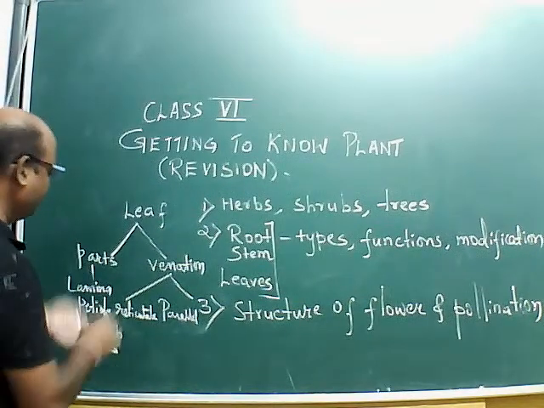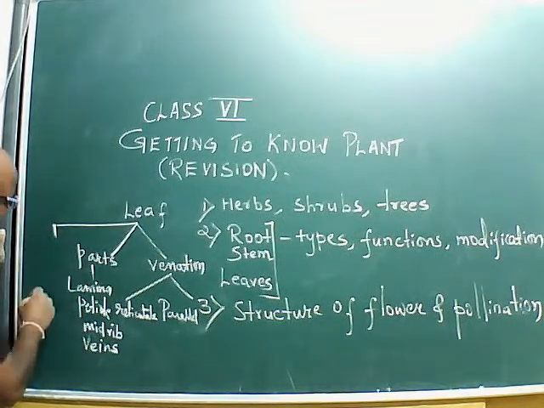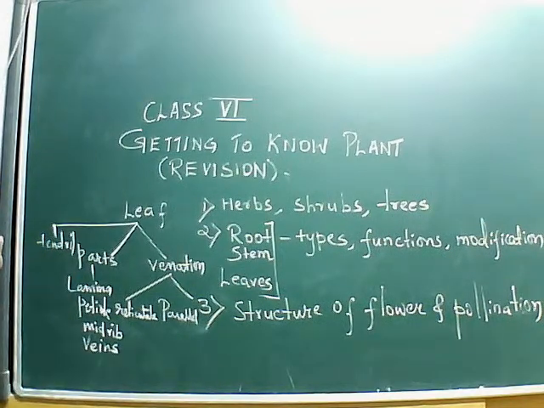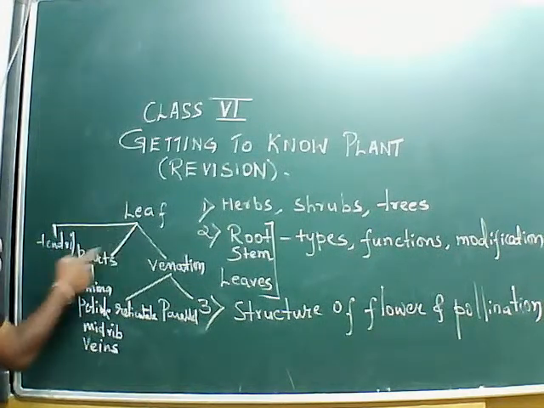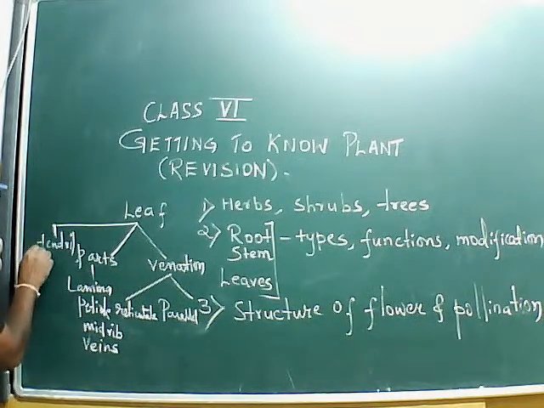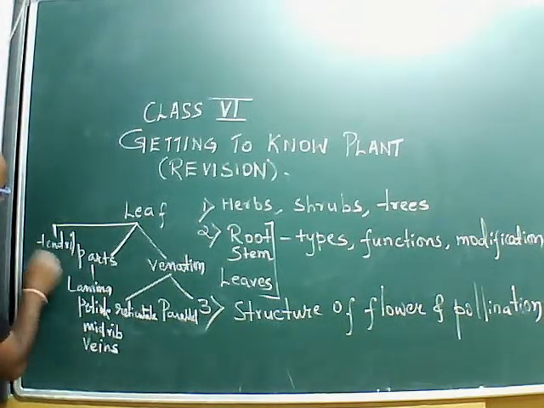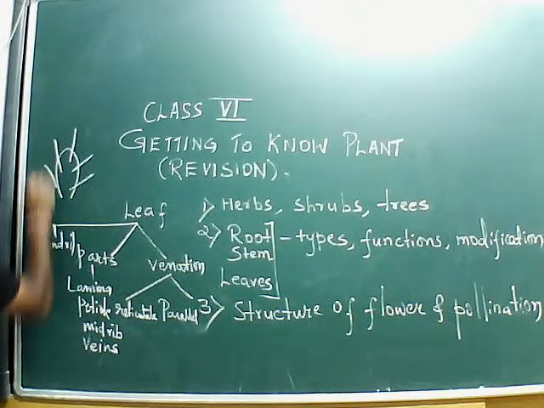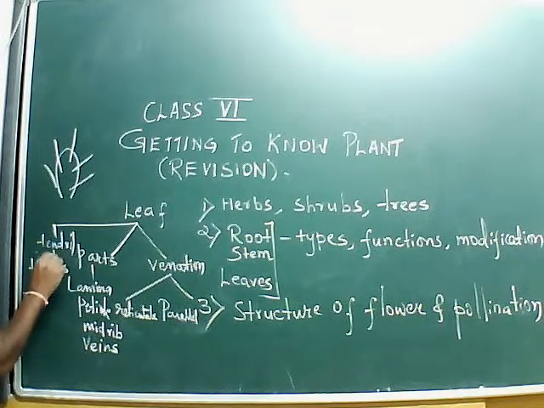Okay. Again, just remember that we will find modifications. What modification is there? Tendril. Then we find other modifications, like in cactus, where leaves are modified into thorns.